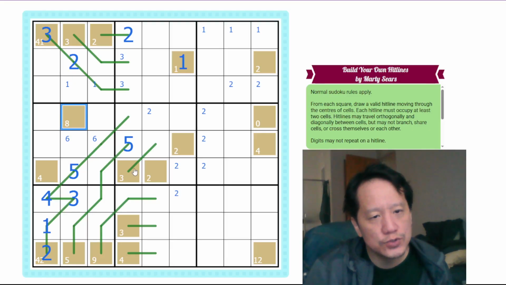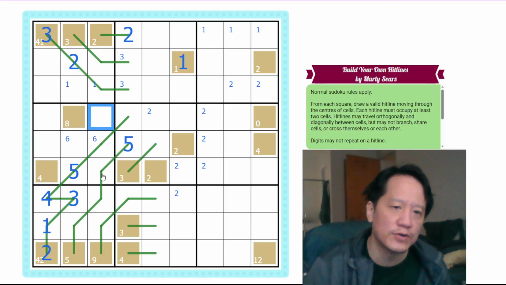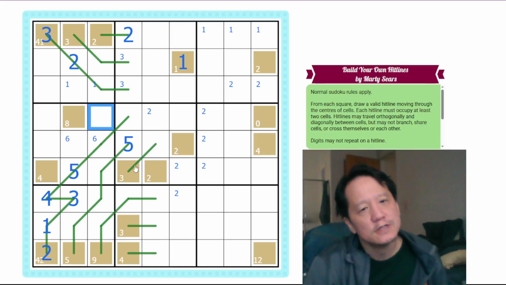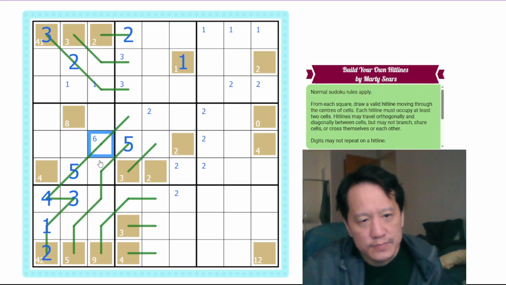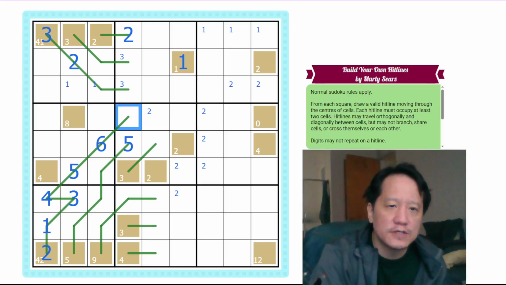Oof. How does that match then? We need this for 3. You can't block this. How does that work? So 6, 7.